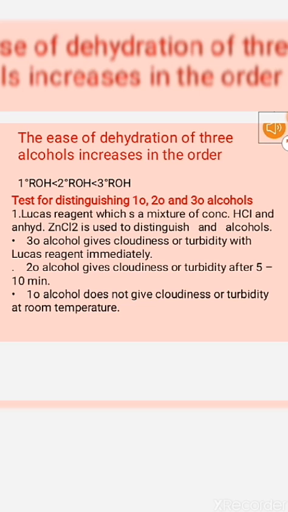If you add zinc chloride and hydrochloric acid, in tertiary alcohols immediate precipitates are formed. Secondary alcohols will take some time, while primary alcohols need to be heated. On this basis we can easily distinguish these alcohols.